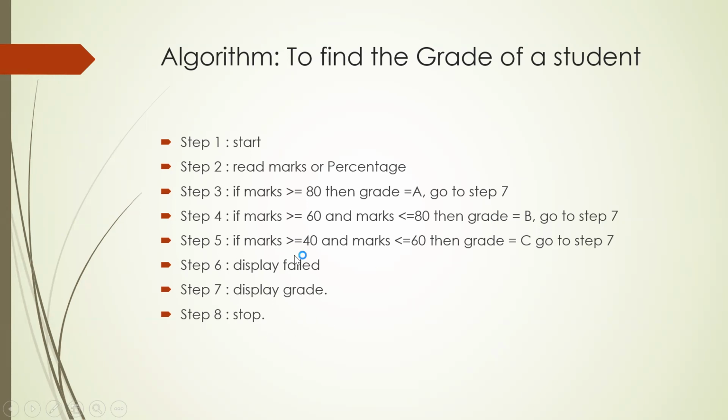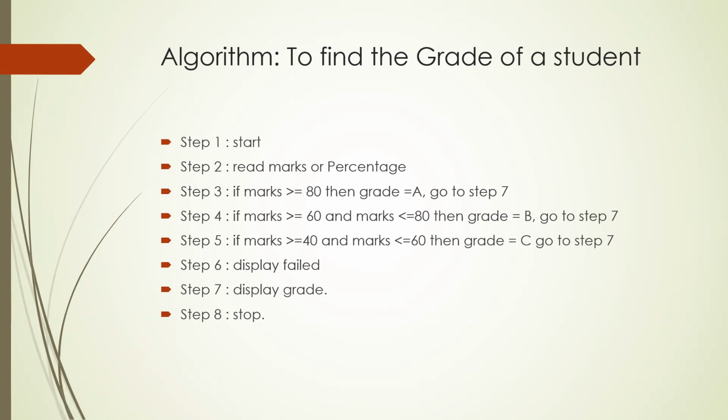But if the marks is greater than or equal to 50 and less than or equal to 60, then we have to assign grade C and we'll go to step 7 and then stop. Similarly, if the marks doesn't lie in this range, that means the marks is less than 40, so we will simply display student is failed and we will display the grade and we'll stop.